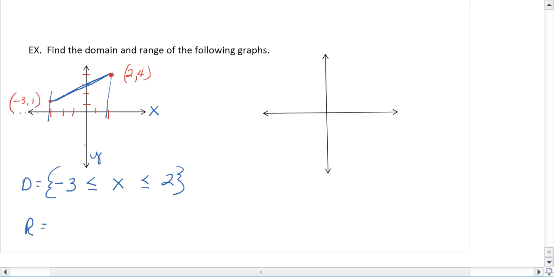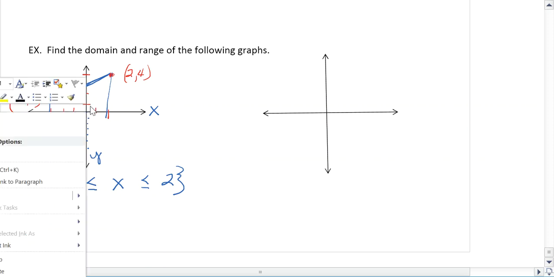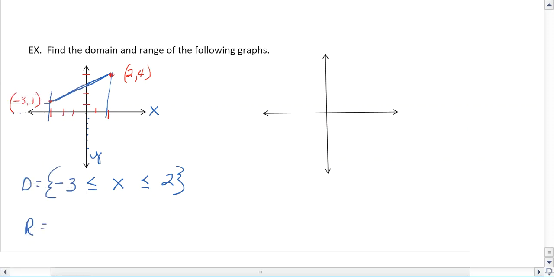So now when we look at range, our eye needs to shift here to the y and start looking up and down. So your eye is traveling up the y-axis. It does not exist down here in negative land. This segment does not exist at y equals 0, but right here it starts existing at 1. So 1 is the lower boundary of the range. Again, it is a closed circle, so it's less than or equal to.